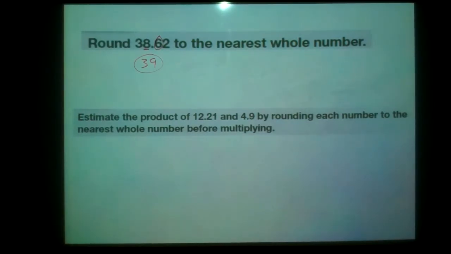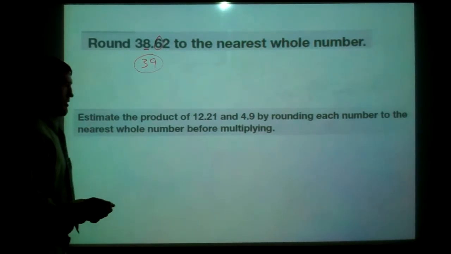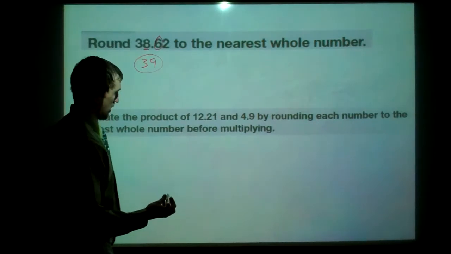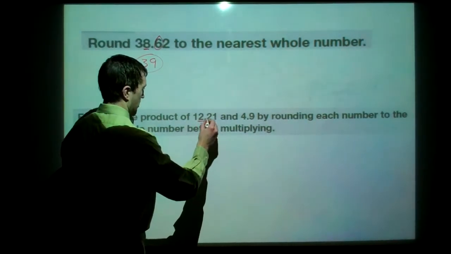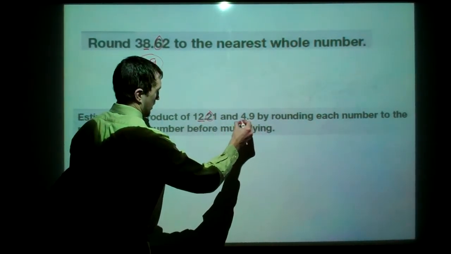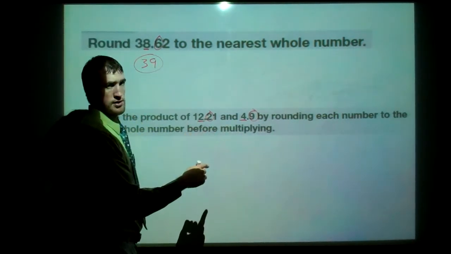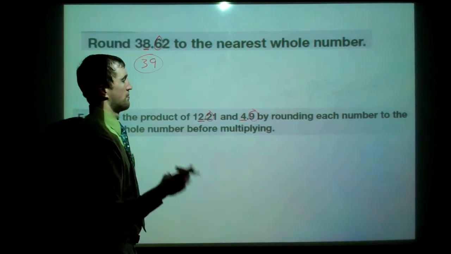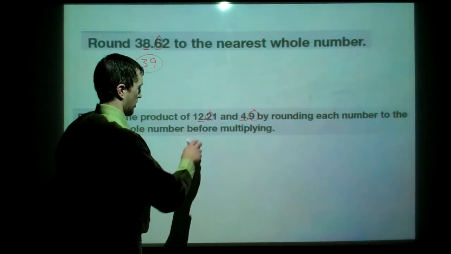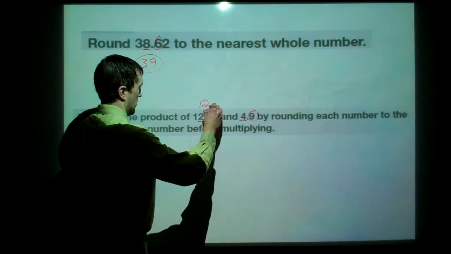estimate the product of 12.21 and 4.9 by rounding each number to the nearest whole number before multiplying. Okay? Well, we're going to round to the nearest whole number again. So we're going to look here, and here, and here, and here. 2 is 4 or less, so we're going to keep this at 12.